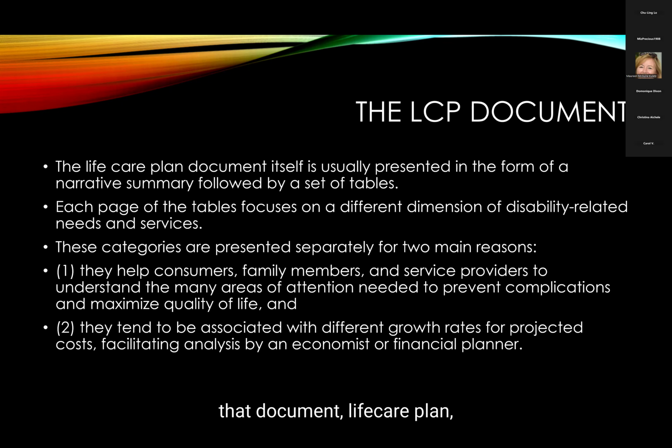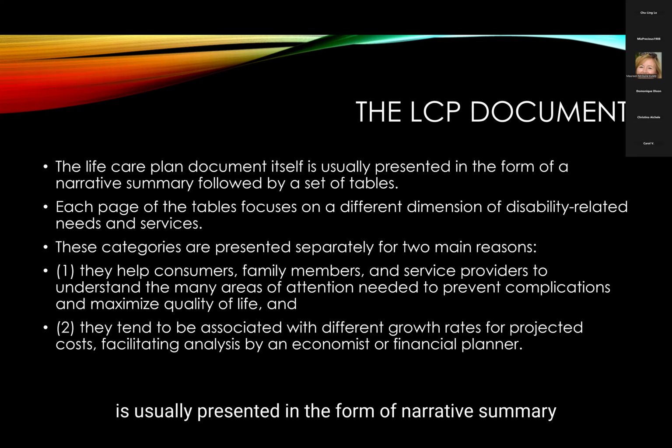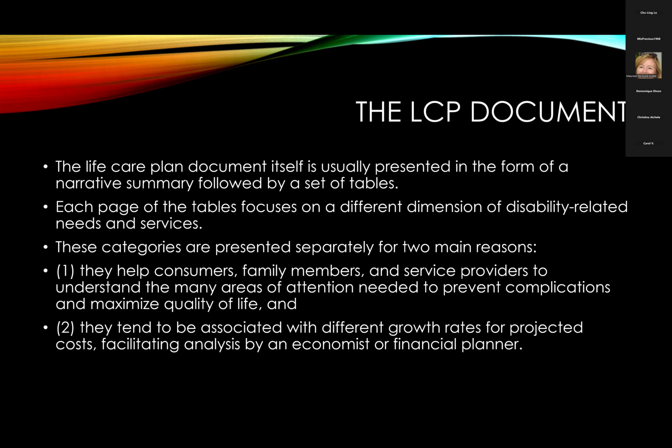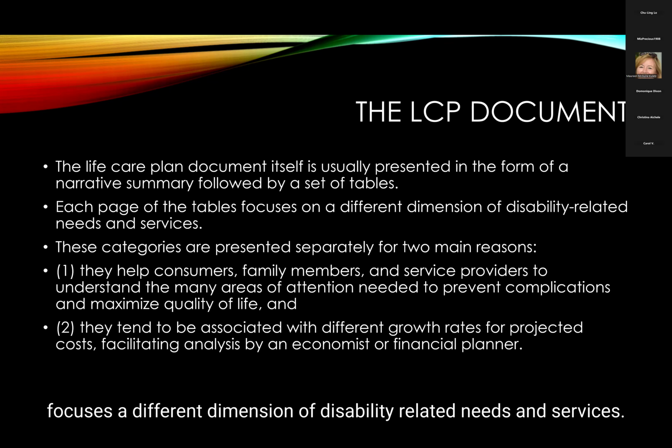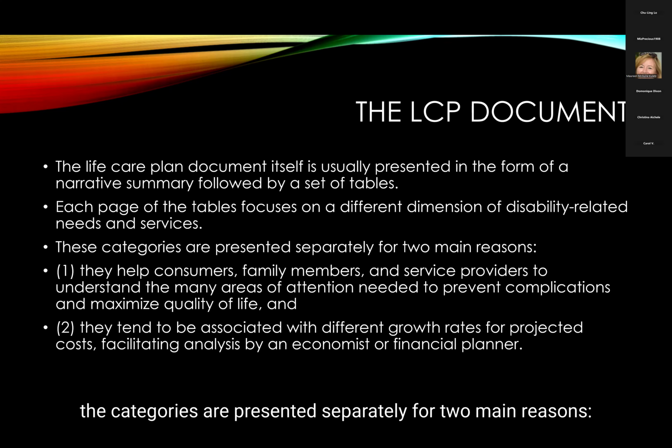That document, the life care plan, is usually presented in the form of a narrative summary followed by a set of tables. And each page of the tables focuses on a different dimension of disability-related needs and services. The categories are presented separately for two main reasons.